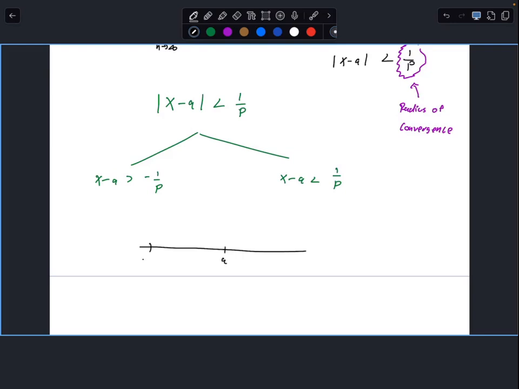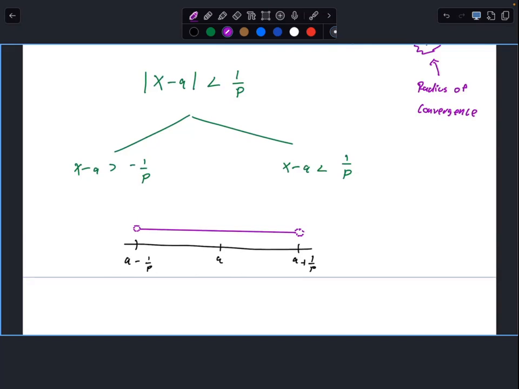This is going to be a minus 1 over p from solving that. This is going to give me a plus 1 over p from solving that. And we're going to get some interval that's going to go from here to here.